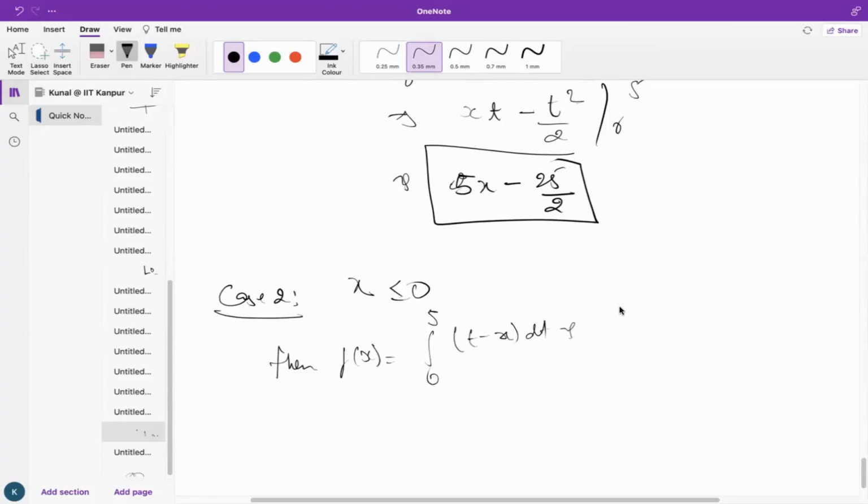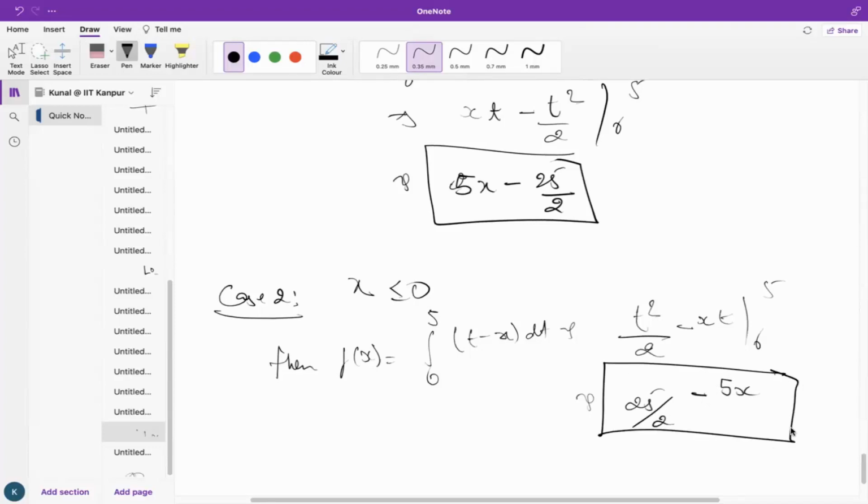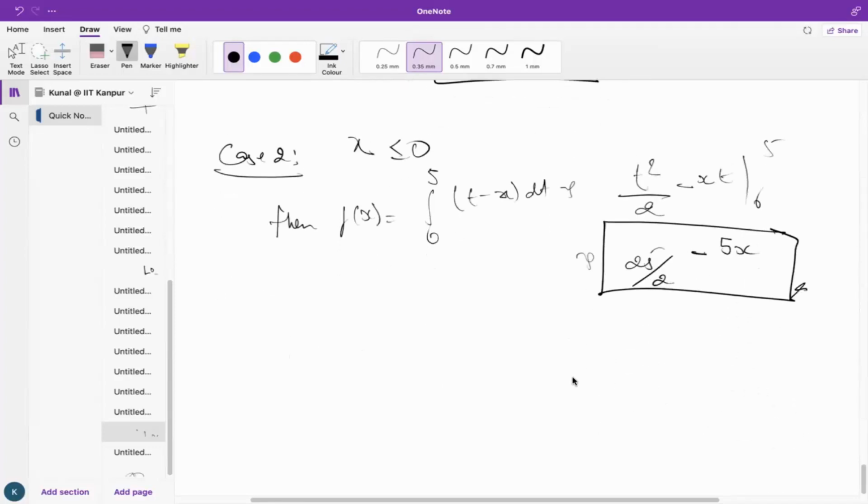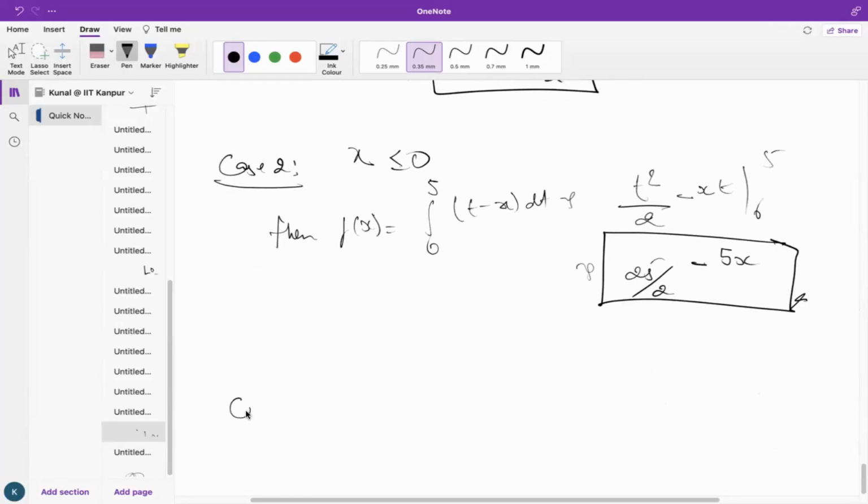We get t square by 2 minus xt, and we integrate from 0 to 5. So what we get? 25 by 2 minus 5x. So this is our case 2. Now the third case is, what if our value of x lies between 0 and 5?